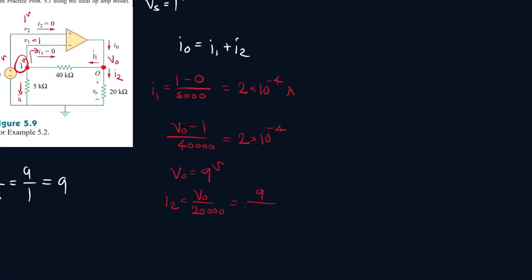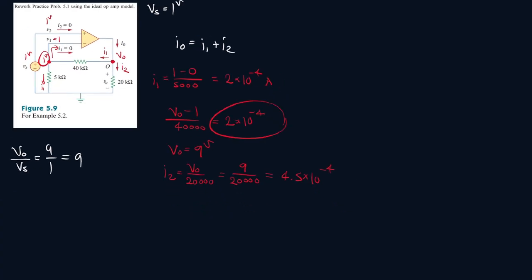So it'll be 9 over 20,000, and that gives us 4.5 times 10 to the minus 4. Now we just add this and this up, as this is I1 and this is I2. And that gives us 6.5 times 10 to the minus 4 amps.